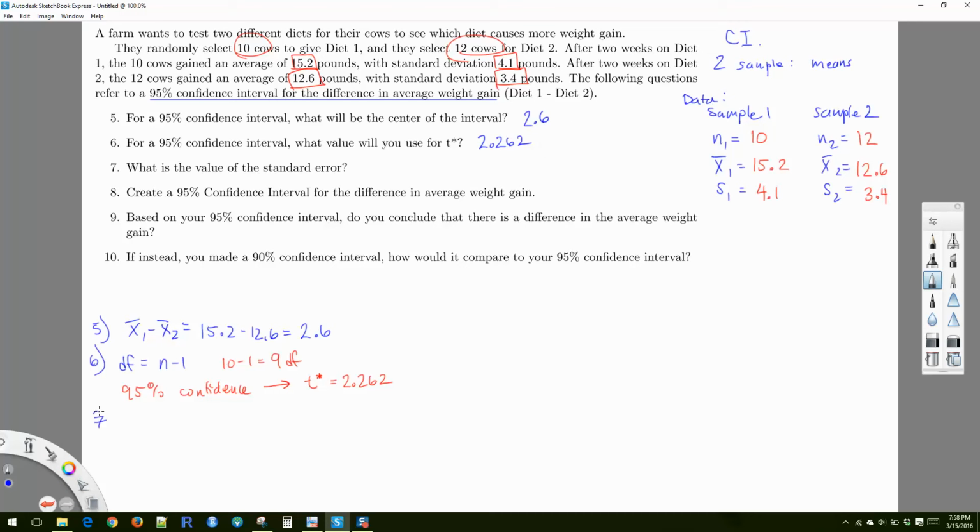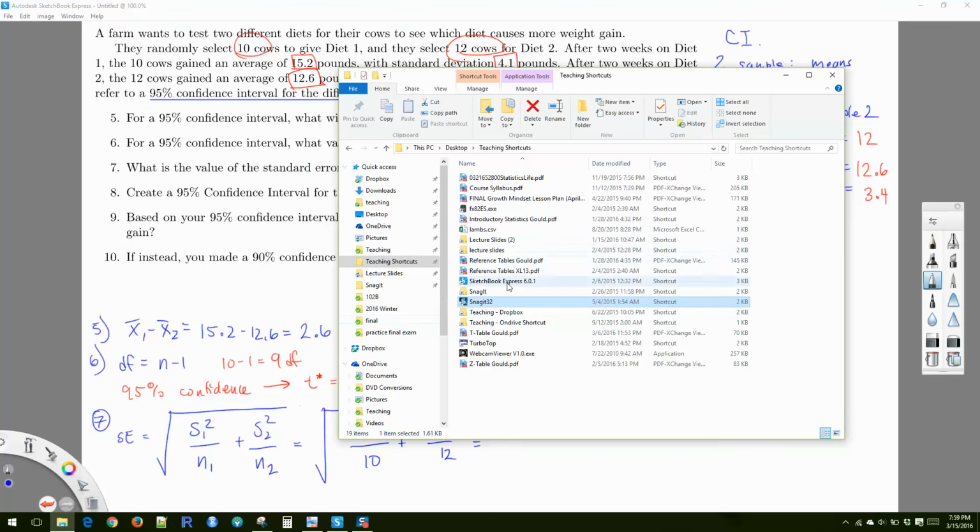Okay. What's our standard error? Our standard error is the square root of S1 squared over N1 plus S2 squared over N2. So this is going to equal, just plugging in a bunch of numbers, I'm going to pull up the calculator.